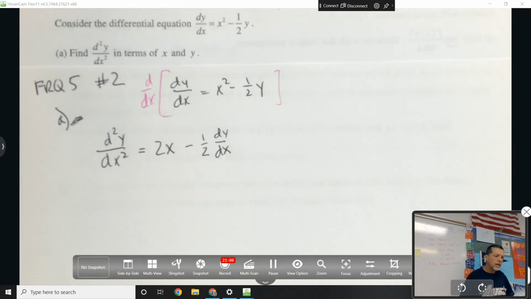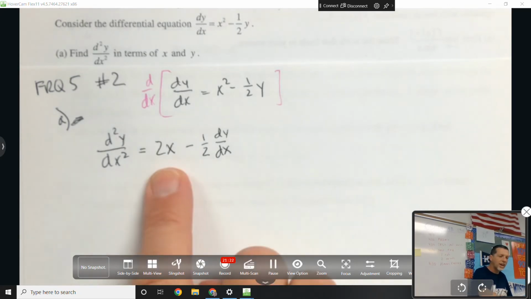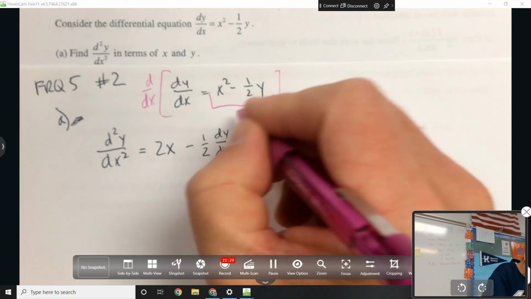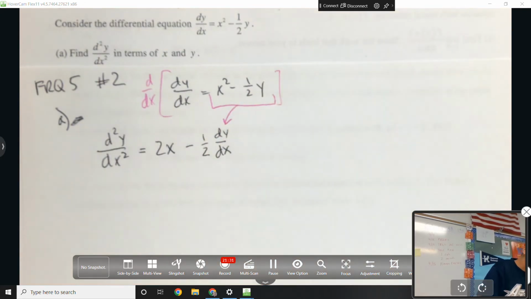But I reread the question and it says find the second derivative in terms of x and y. So how do I do that? Because this is not in terms of x and y right now. It's in terms of x and dy dx.